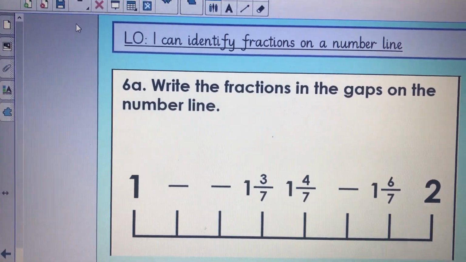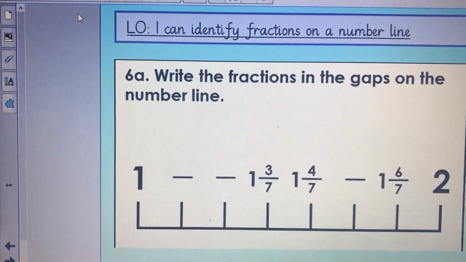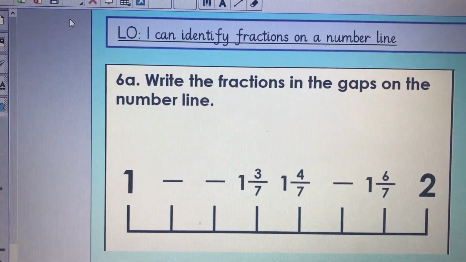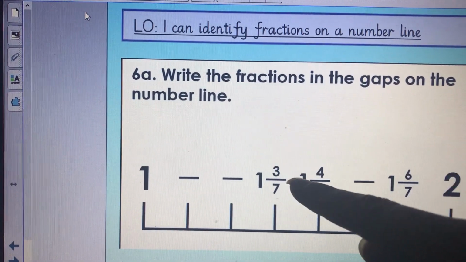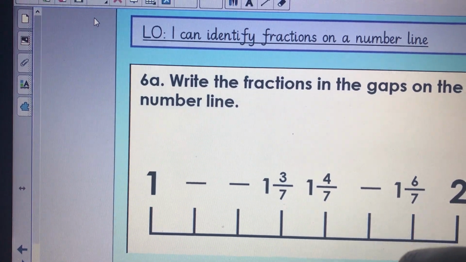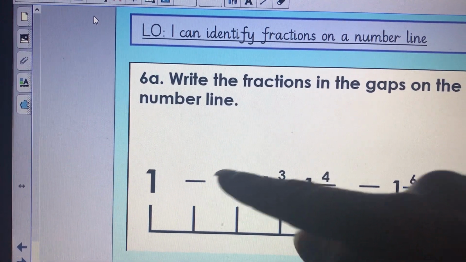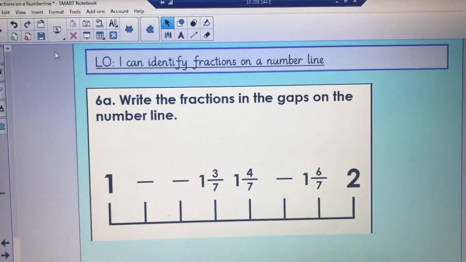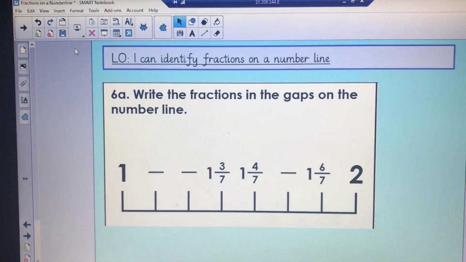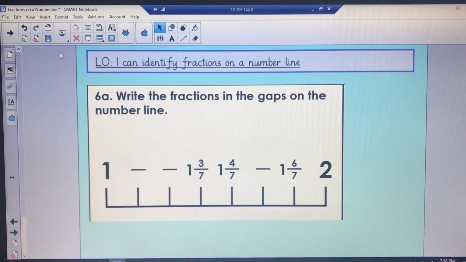And then what we can do to work out these ones over here is to go backwards with our counting. So before 1 and 3/7 would come 1 and 2/7, and before that would come 1 and 1/7. Okay, hopefully that's made sense.